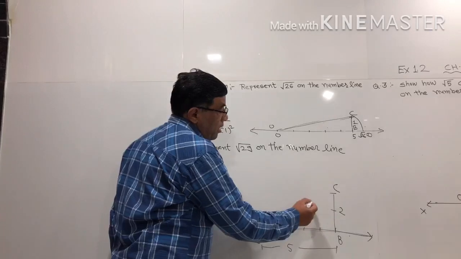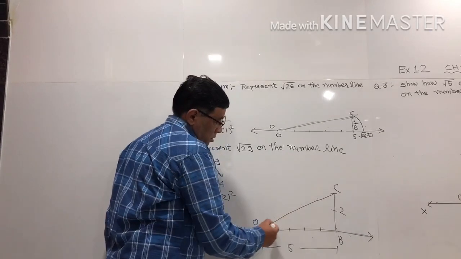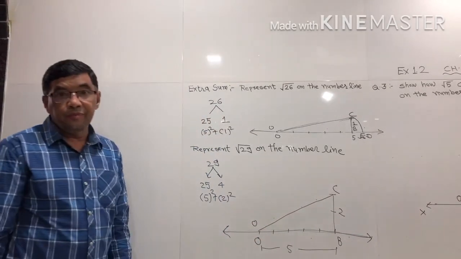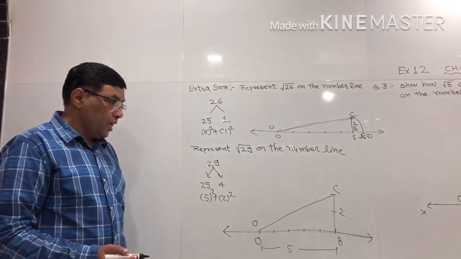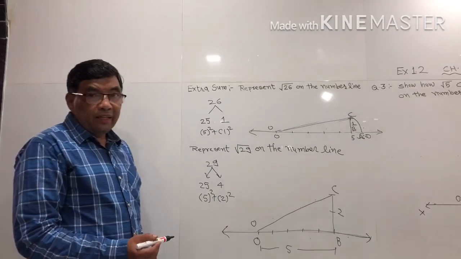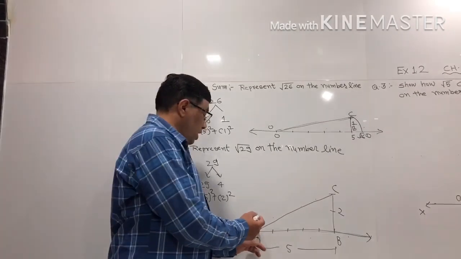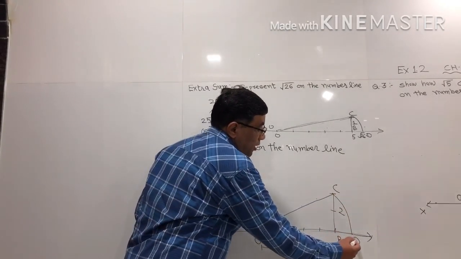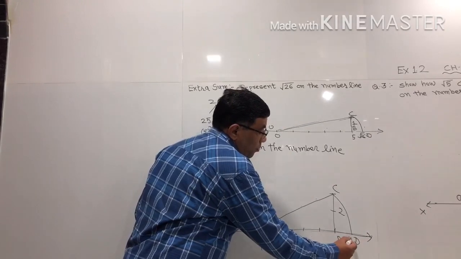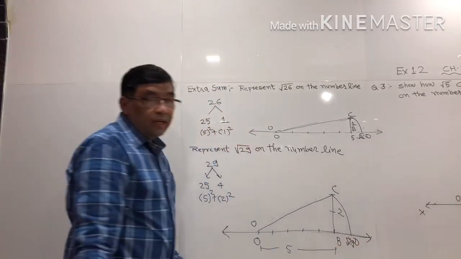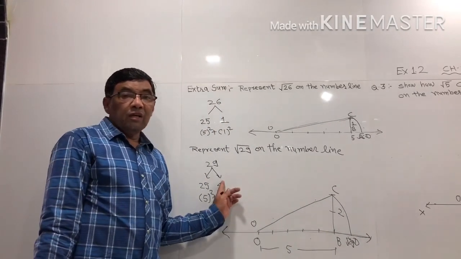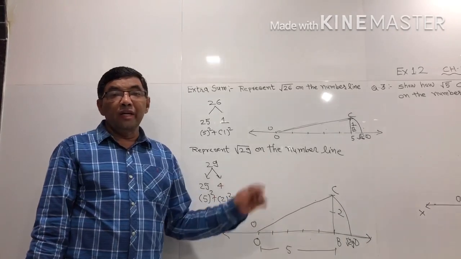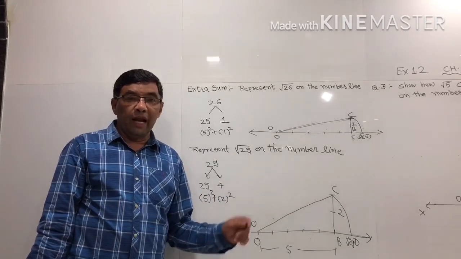After joining OC, we take a compass and put it at O, open up to C, and apply an arc. This point is D, and the value of the point is root 29. So this way we can mark root 29 on the number line.